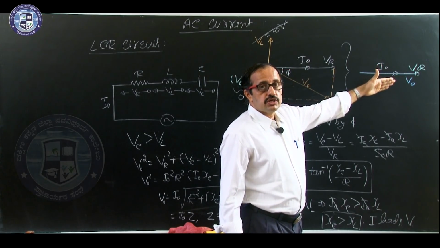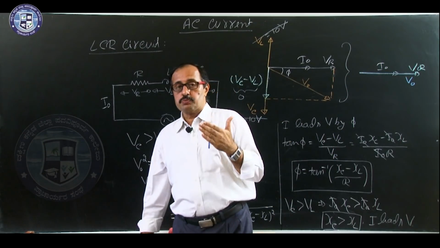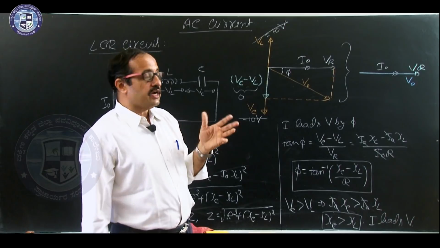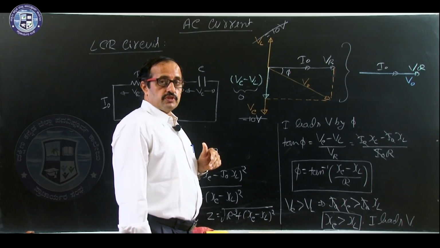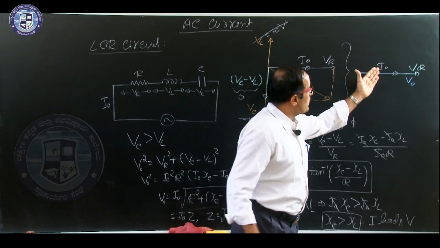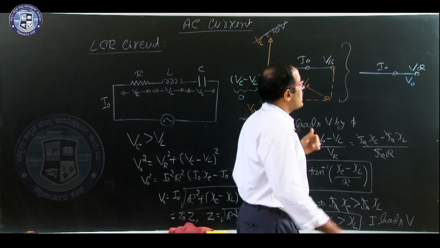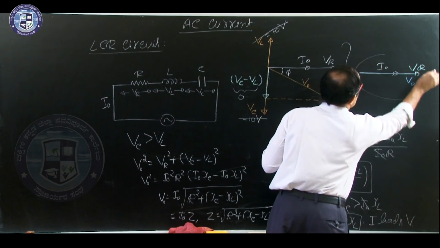It happens in a resistor circuit. In the last class I explained, in the case of a resistor, current and voltage are in phase, they have got the same phase angle, phase difference is 0. Therefore, here current and voltage are together, it acts as a resistor circuit.